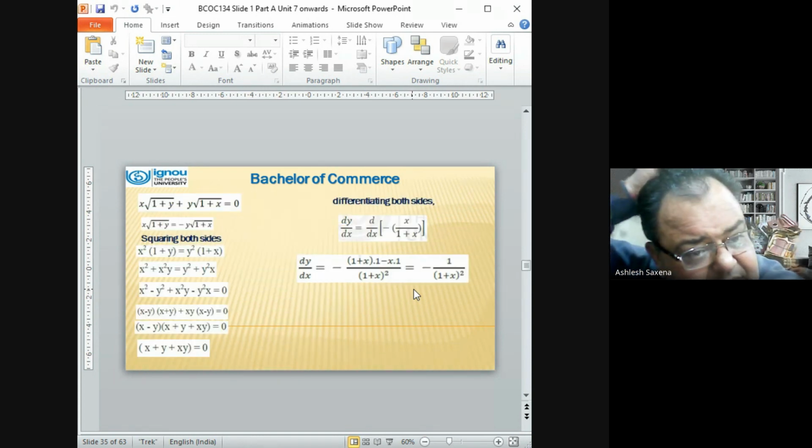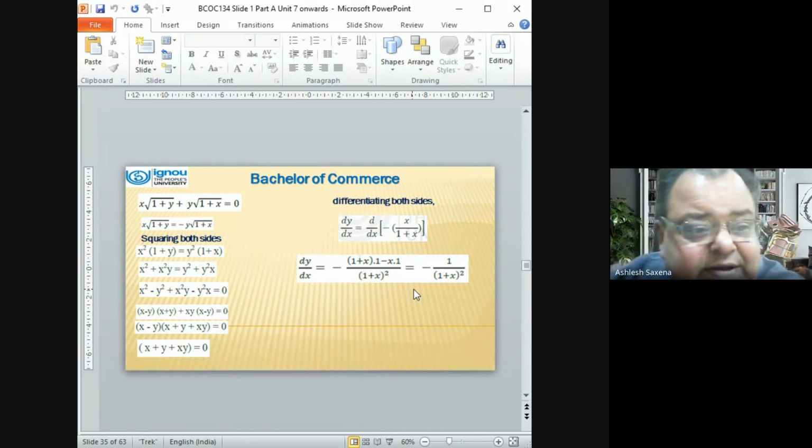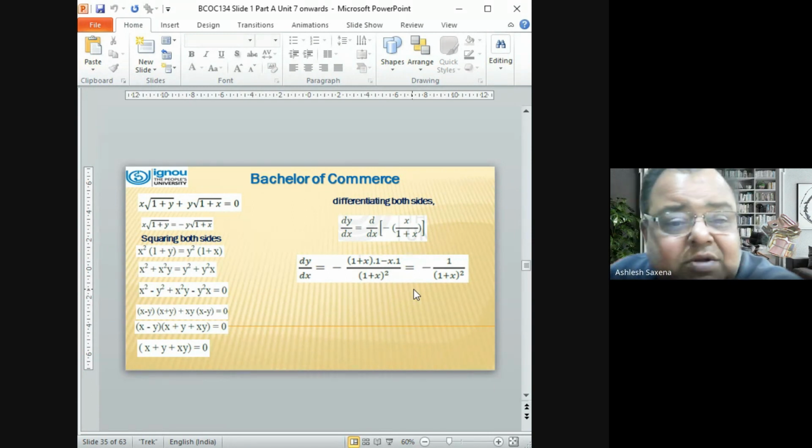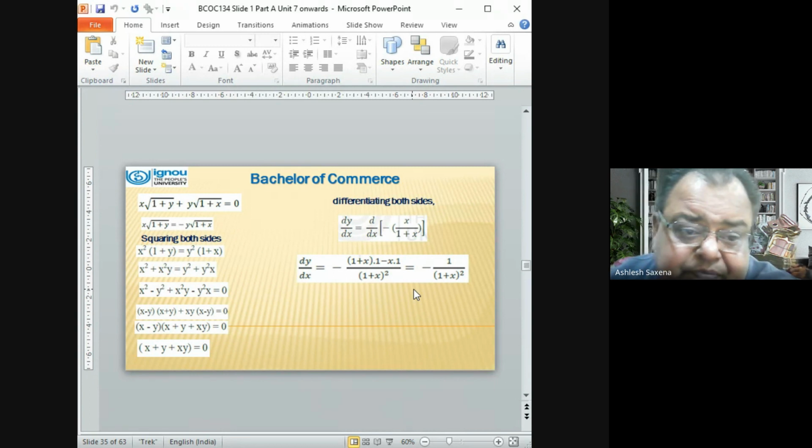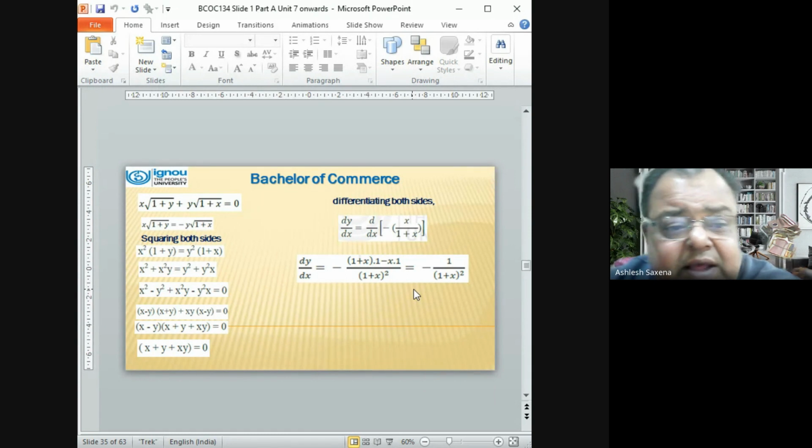Now you can see something fascinating over here, because as the problem is, we have to apply so many things. You can see that the problem is x under root 1 plus y, plus y under root 1 plus x is equal to 0. So straight away, we can bring the second part to the right hand side.